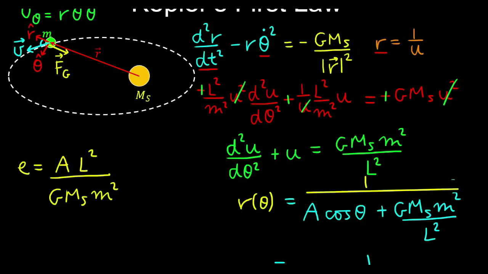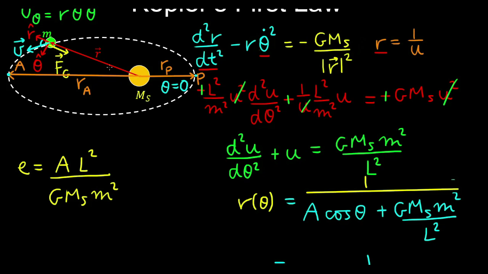So firstly, we have the closest distance from the star to the planet being perihelion. So we'll call this the radial distance, the perihelion. And the furthest distance is called aphelion. So we'll take this as R_a. So this point in the orbit is obtained when theta is equal to 0.